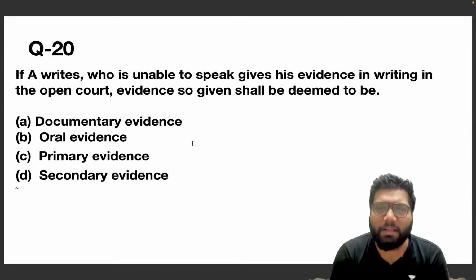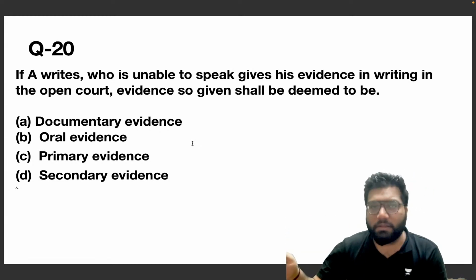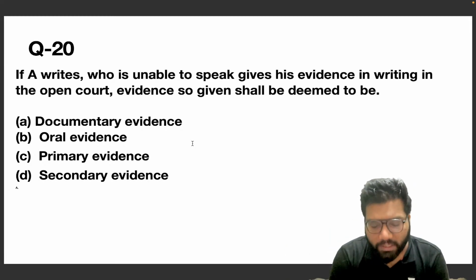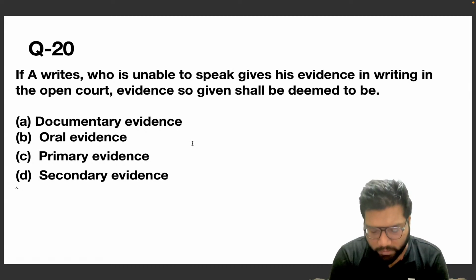Section 119 confirms this concept, but under section 119, there is no reasoning written there. So most of the times you have to read between the lines. What is the hidden concept here? Why oral evidence? Anyone?